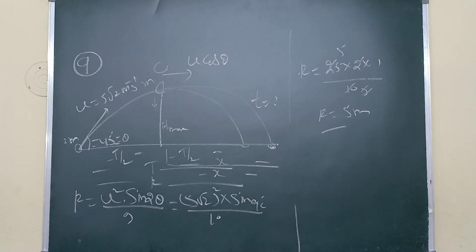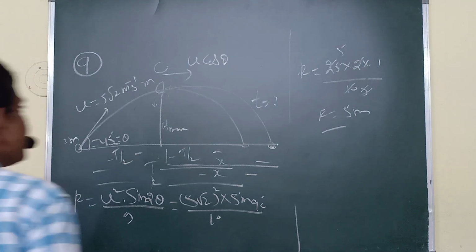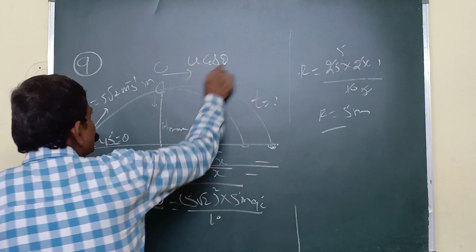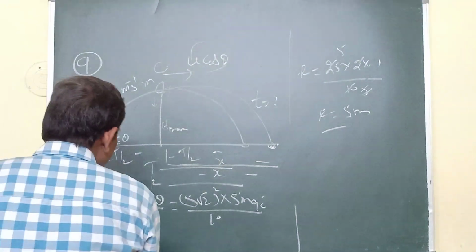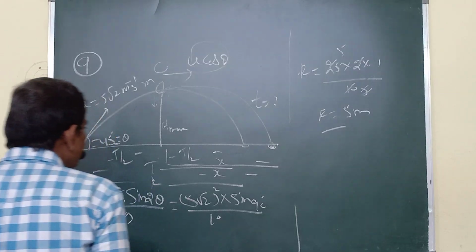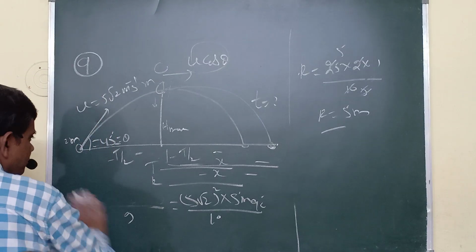But here what happened? It is exploding into two parts. So before explosion, what is the velocity? U cos theta. So you apply the law of conservation of linear momentum. We are applying the law of conservation of linear momentum.